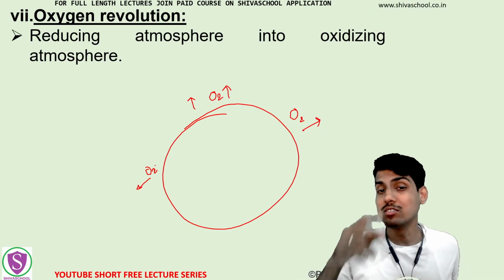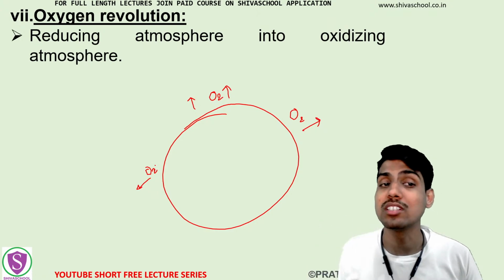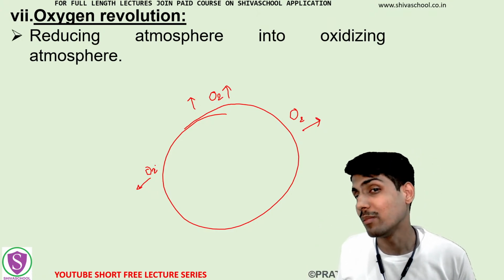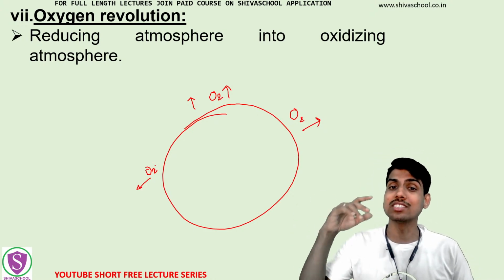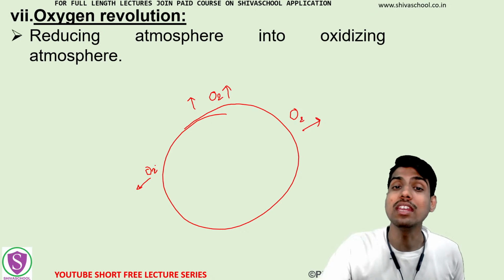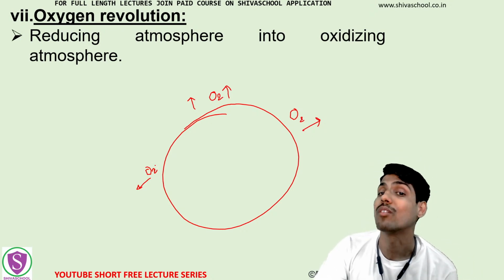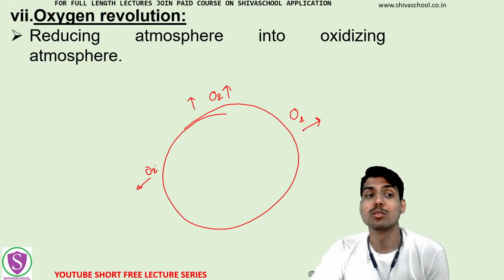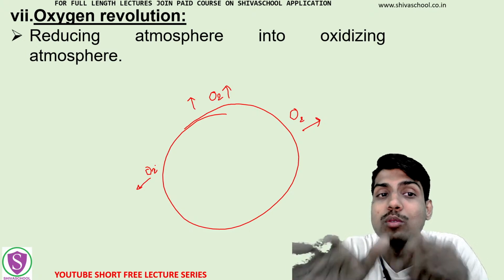Because of the increased concentration of oxygen and the reactions with it, the reducing atmosphere will be converted into an oxidizing atmosphere. That oxidizing atmosphere will again be conducive to the growth of life on the earth. So this is the part we will study for today.